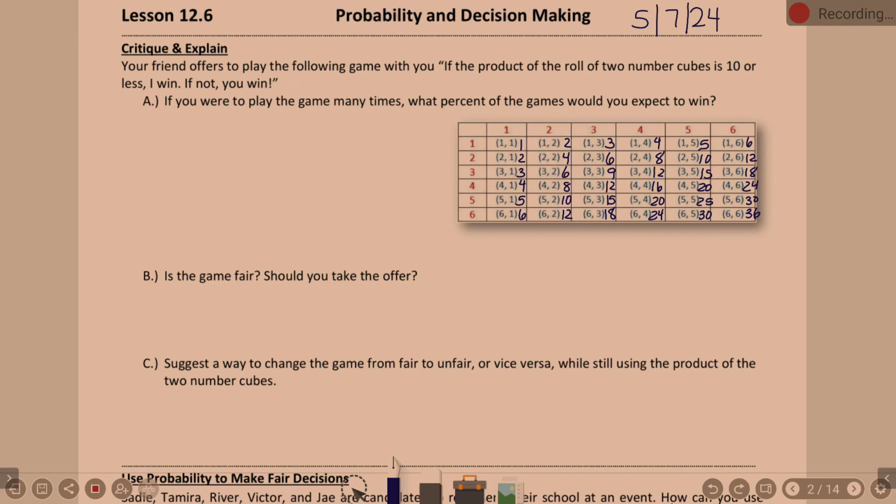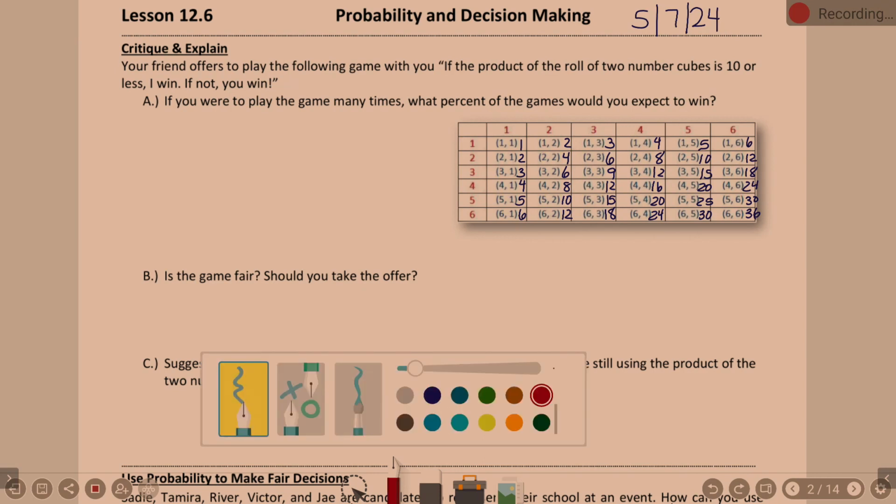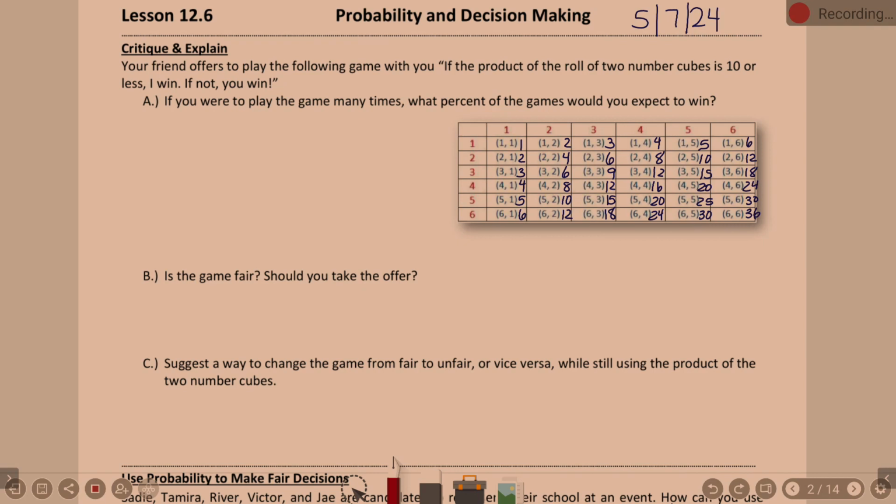Now, with that in mind, let's look at the original plan. It said the probability, if the product is 10 or less. So let's look at products of 10 or less.